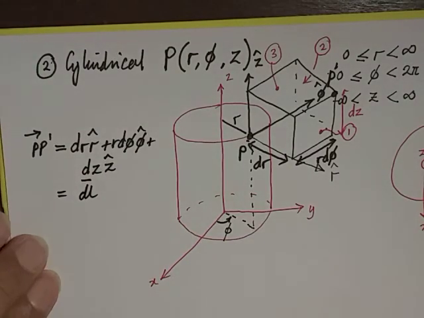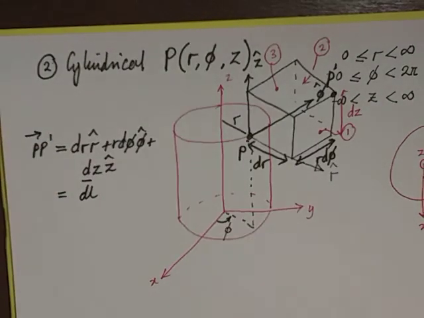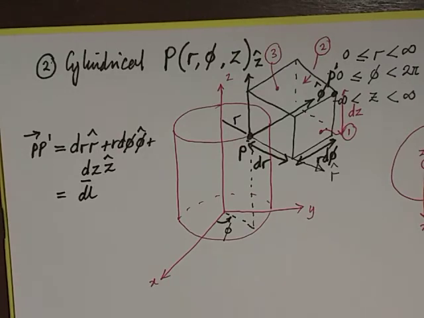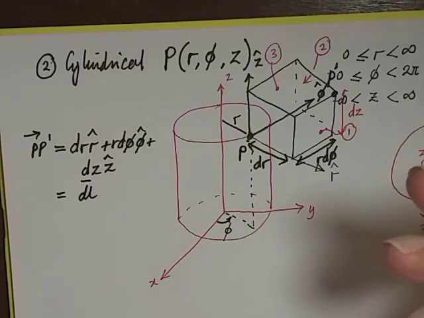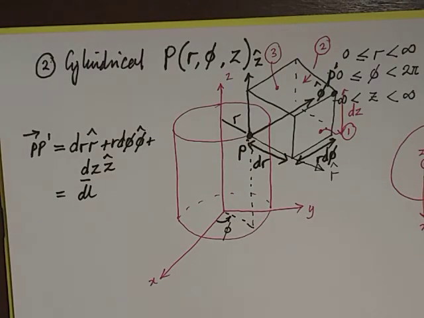Based on which coordinate system now? Cylindrical. We can see it's slightly different from the dl that we defined in Cartesian, so you have to be careful. But the steps, the concept of creating this equation, still remain the same. The only difference is the final result for these two different coordinate systems.